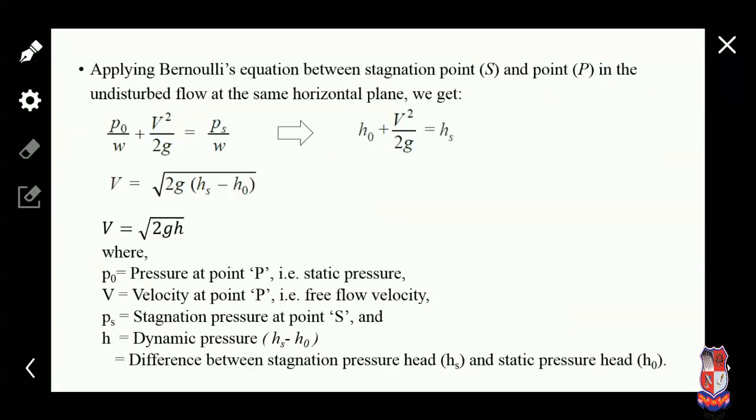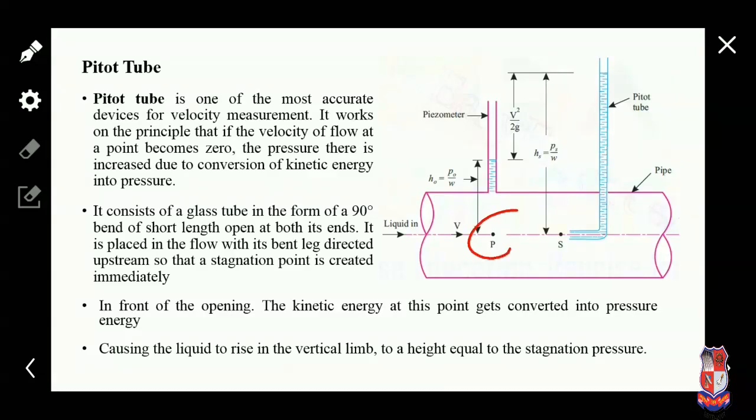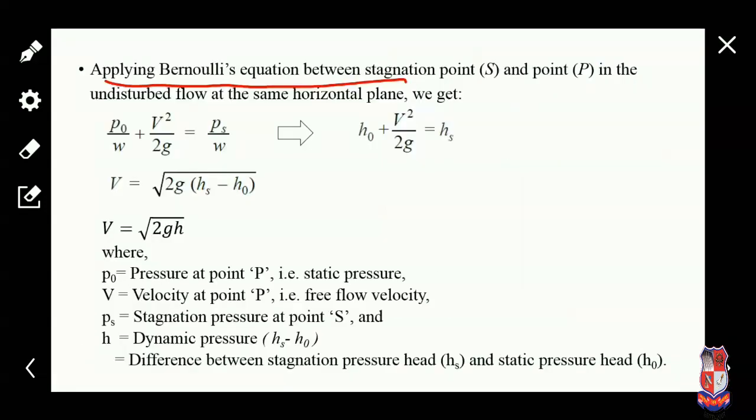Now we apply Bernoulli's equation between the stagnation point and point P as shown in the figure. This is point P and this is the stagnation point S. So we apply Bernoulli's equation at these two sections of the pipe.